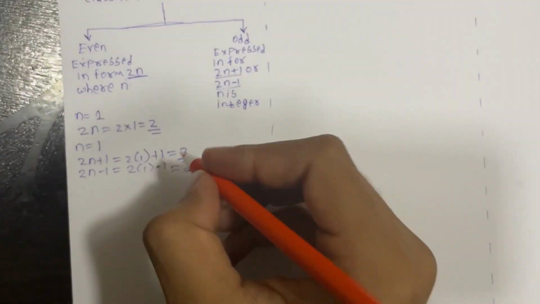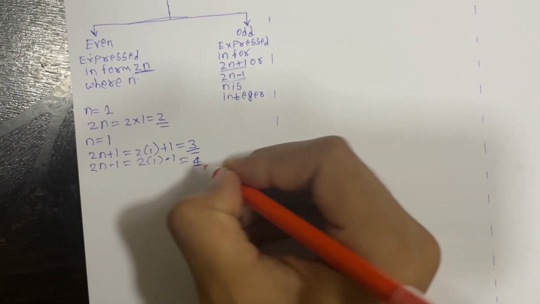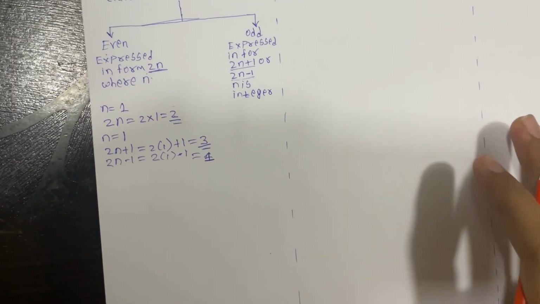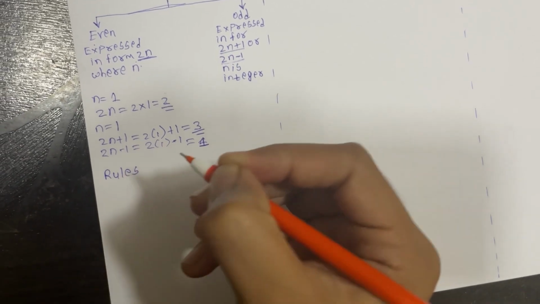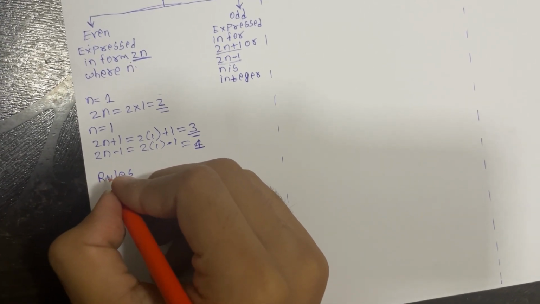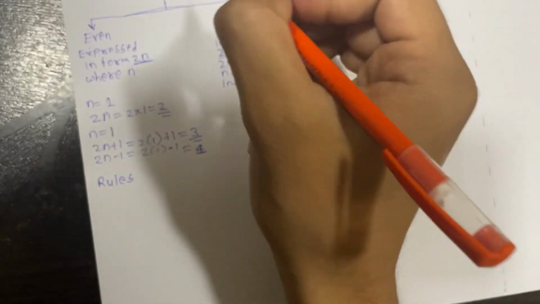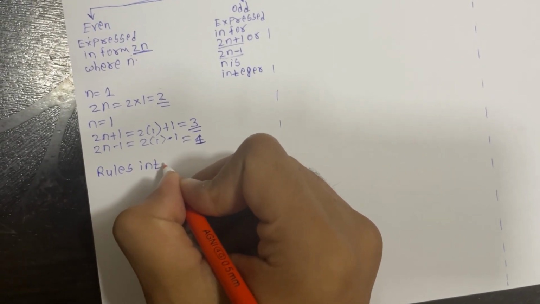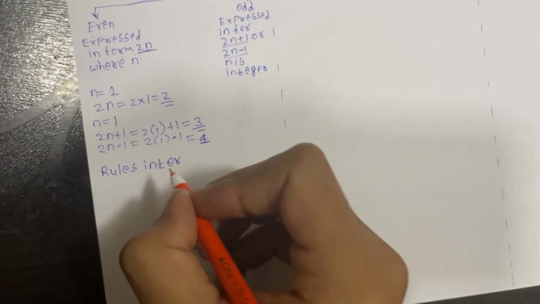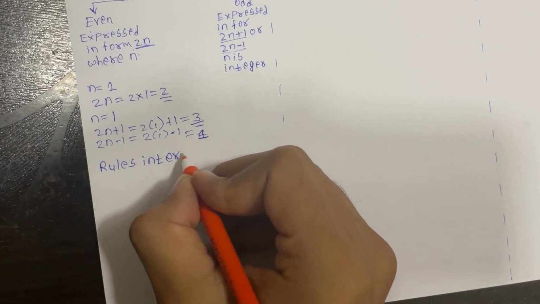Okay, so 1 is also an odd number. So further we will learn some rules of this even and odd number, like integers, rule of integers while adding, multiplying or subtracting even or odd numbers.